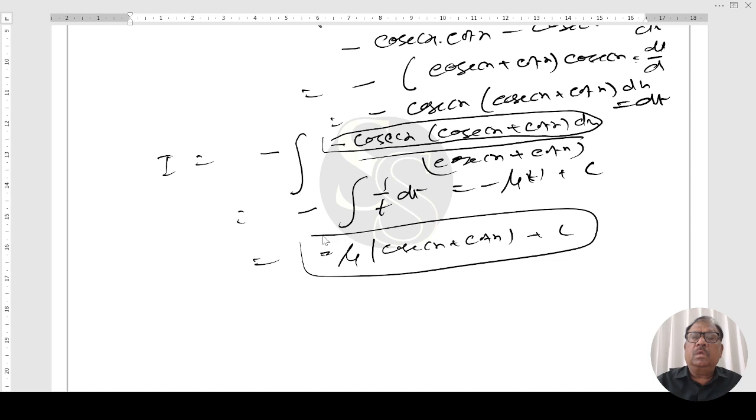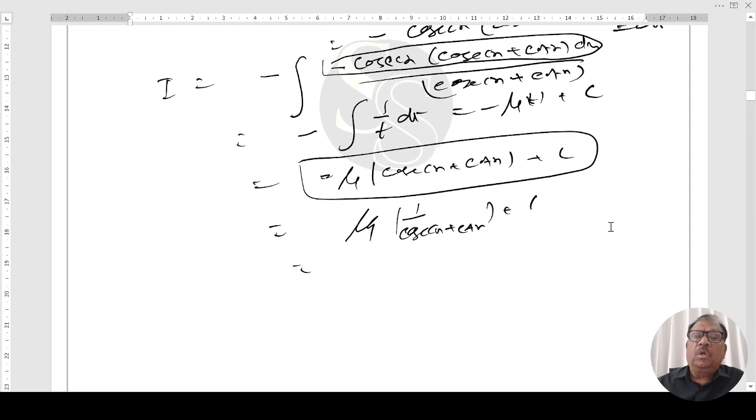What is this answer? Or introducing the minus sign inside the log, this can be written as log of 1 upon cosec x plus cot x plus c, multiplying and dividing by cosec x minus cot x. So cosec square x minus cot square x equal to 1, using the trigonometric identity.